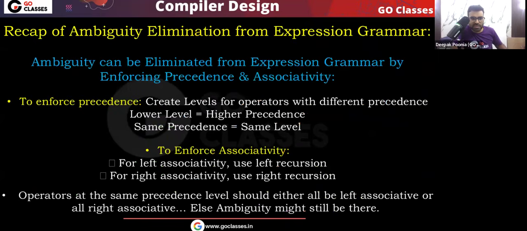Okay, so this is the recap of ambiguity elimination from expression grammar. Ambiguity can be eliminated by enforcing precedence and associativity. To enforce precedence, we will create levels for operators with different precedence. Lower level means higher precedence.